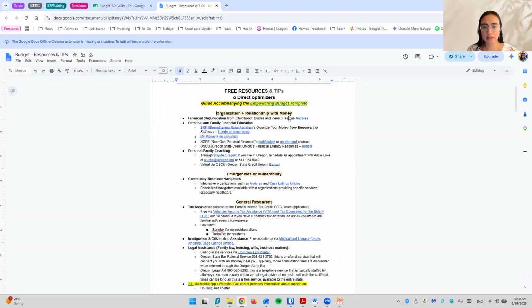The idea is that you can identify things that can help you optimize the way that you're using your money. So the first is the relationship with money, of course, and the organization. So here are things about the coaching itself. Here, for instance, is the link for this training that we are doing through Strengthening Rural Families.